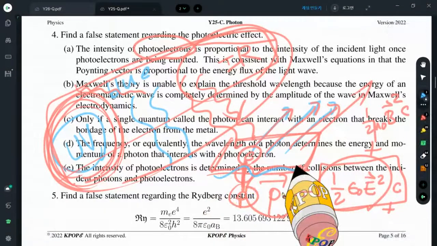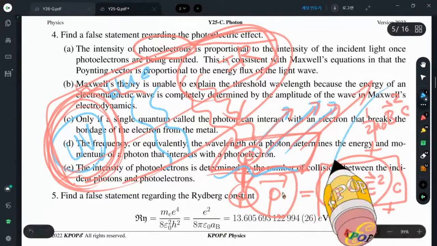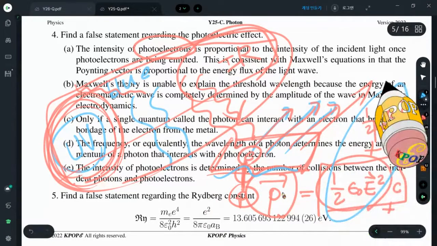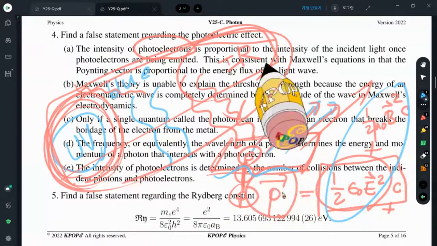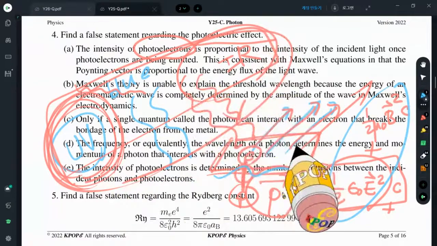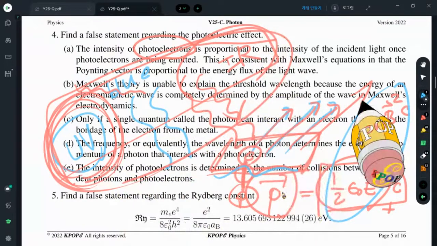The basic difference in the idea is that Maxwell's theory is a continuous theory for waves. The light wave can carry a lot of energy if we increase the flux. However, even with a large flux, it is impossible for a longer wavelength to emit electrons.